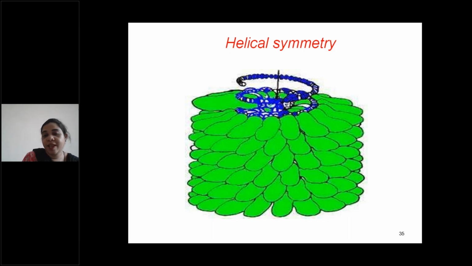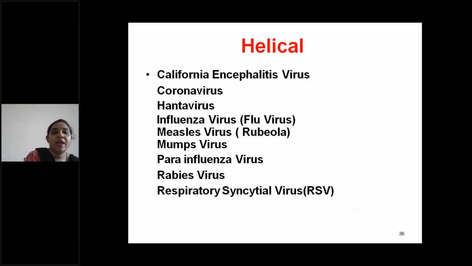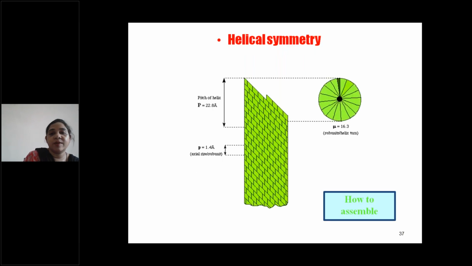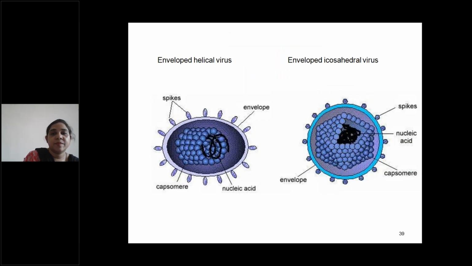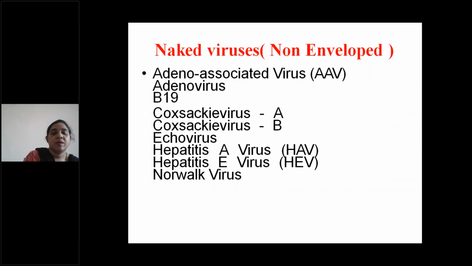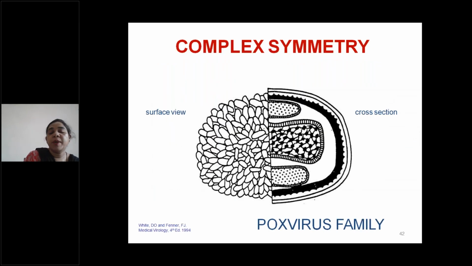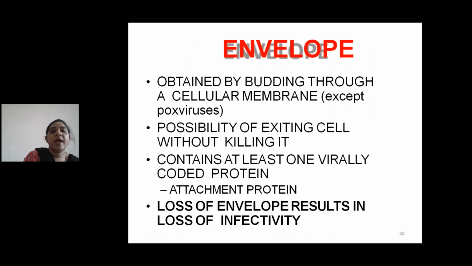Have you seen this helical? Where is it? Tobacco mosaic virus. Helical is usually present in all of these viruses. Complex virus, pox virus. And what is an envelope?